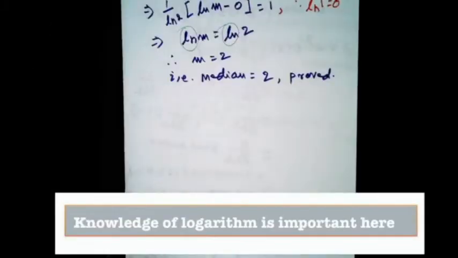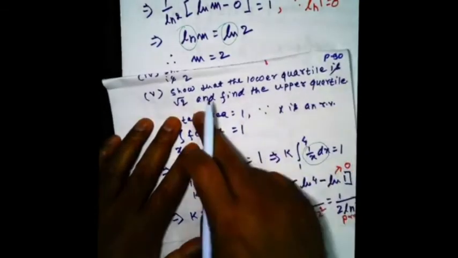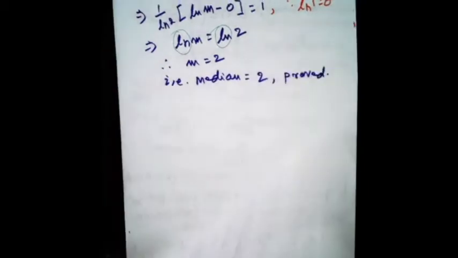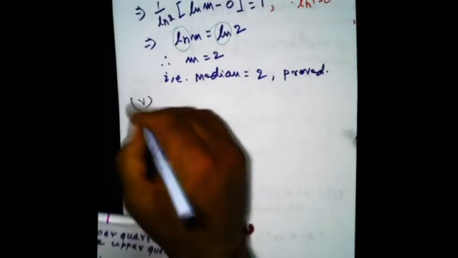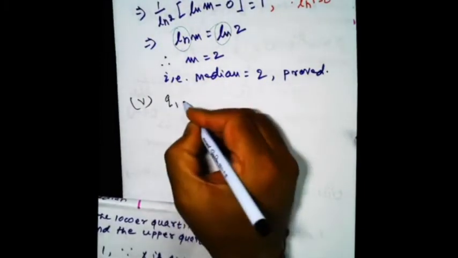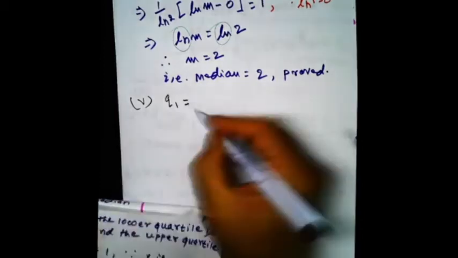And lastly we have to also show that the lower quartile is root 2 and to find the upper quartile. So lower quartile, this is now question number 5, and it is said to show lower quartile q1 equals root 2. Here in the same way that we did while finding the median, we'll do the same thing.